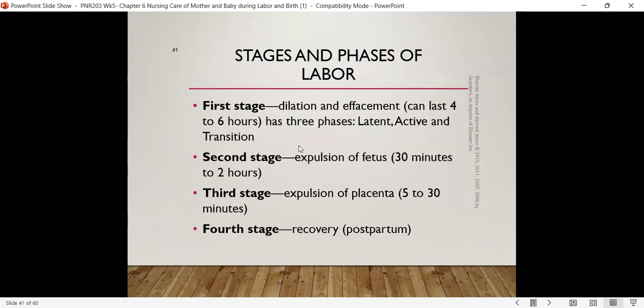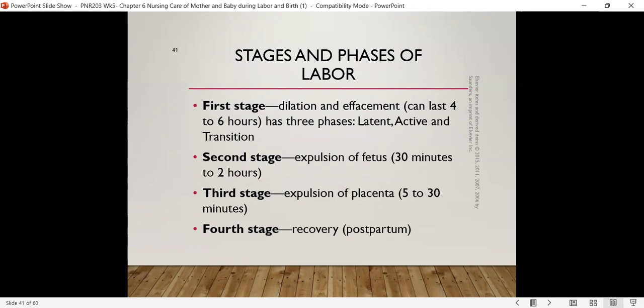Now, I'm going to go into the stages and phases of the labor, okay? And so I'm going to go through this, and then I have different slides to show you that go over each one. So the first stage is mostly dilation and effacement. That's the most active role. It's your longest stage of all of them, and it can last up to 20 hours. It's not easy to dilate, especially if it's the first baby.